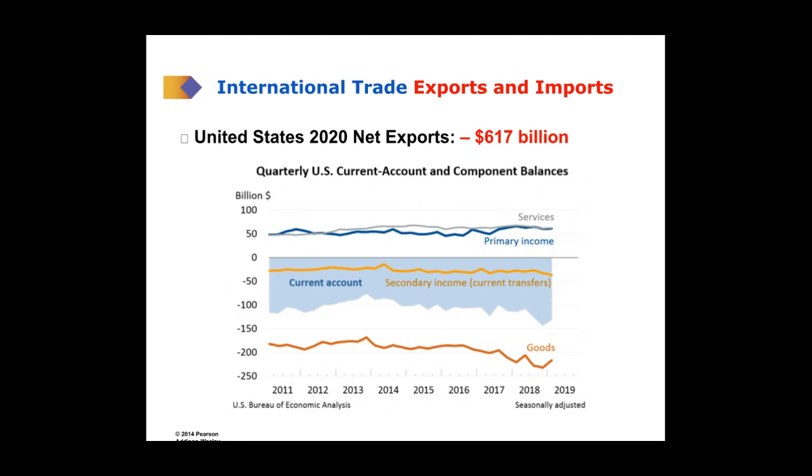And we can see here, if we look at some of the data underneath, that a large part of the imbalance is on goods, where we're importing way more goods than we're exporting, and we're actually exporting more services than we're importing, consistent with the idea that a big part of the GDP in the United States is services oriented, producing services as opposed to goods.